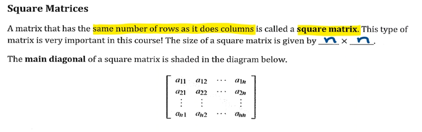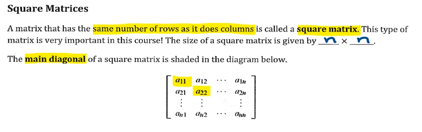One important item in a square matrix is known as the main diagonal. Now, the main diagonal consists of all the entries that have the subscript i equaling the subscript j. In other words, and actually I'll just go ahead and highlight the entries along the main diagonal. We have a sub 1,1, that's an entry along the main diagonal.